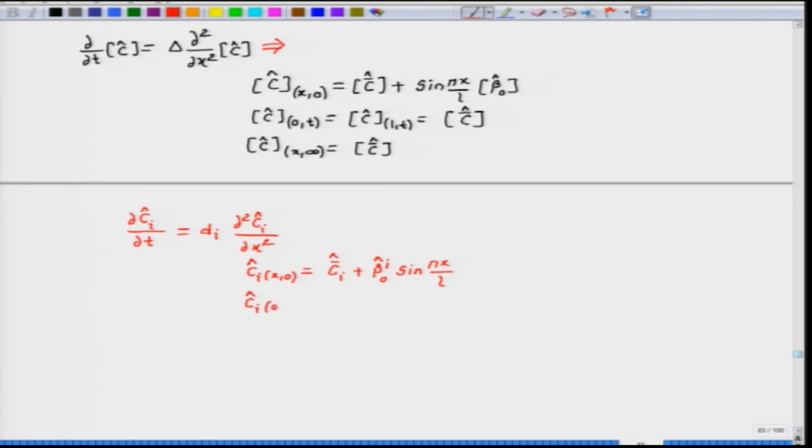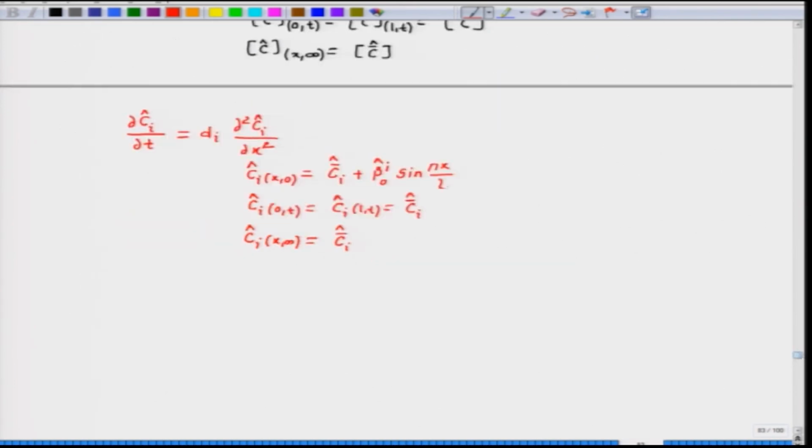Ci cap at 0, t should be equal to Ci cap at L, t, which should be equal to C bar cap, and Ci cap at x infinity should be equal to Ci bar cap. What we are assuming here is that the period L is the same for all the independent components, which should usually be the case, given the way the microstructure evolves.